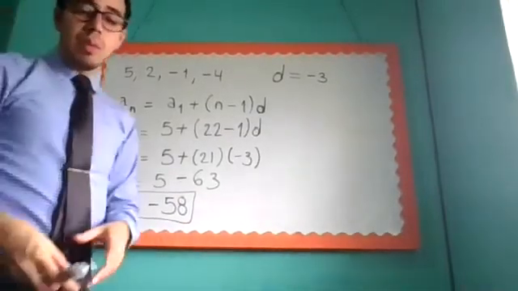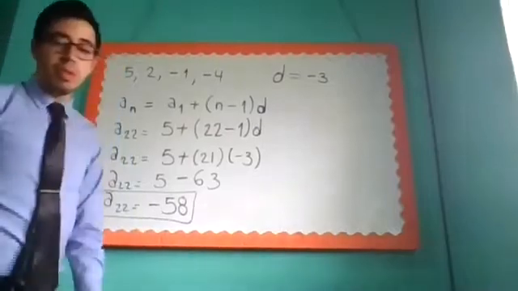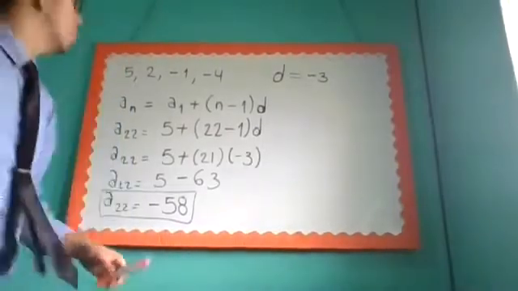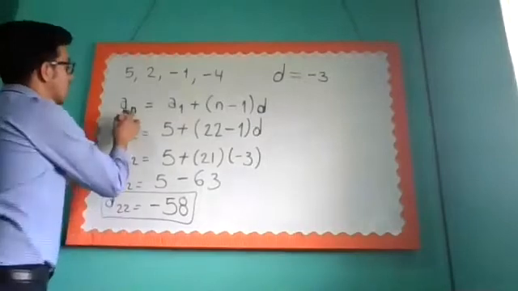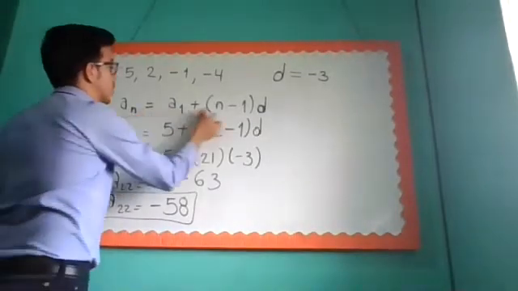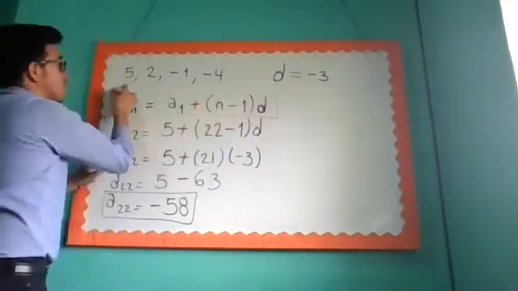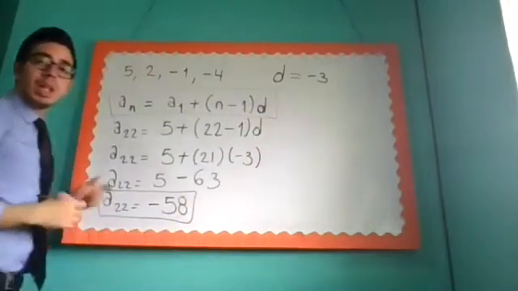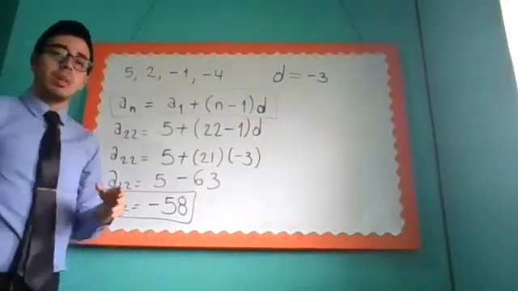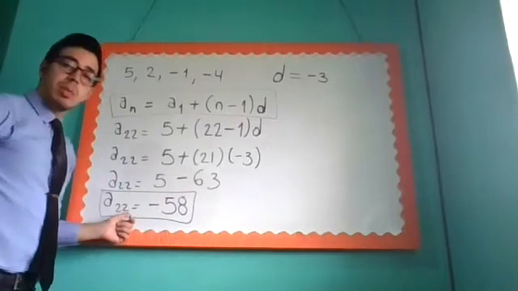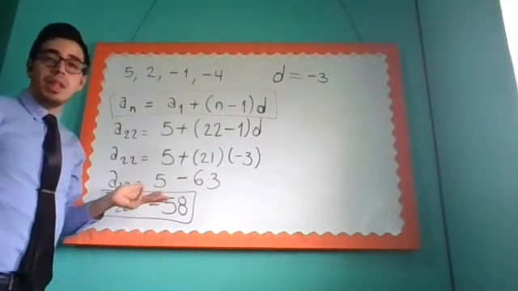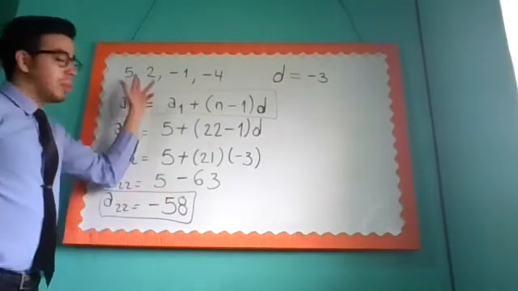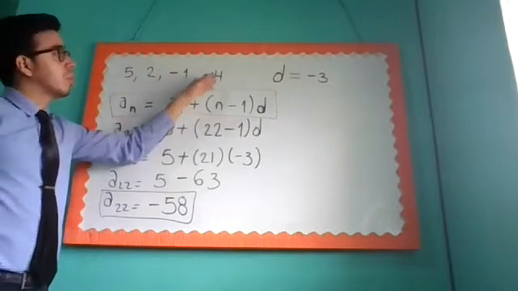Why is it important in this formula? Why do you need to use this? Because if you want to obtain one term from the arithmetic sequence, for example, a sub 22, a sub 50, you are not going to obtain one by one the other numbers.